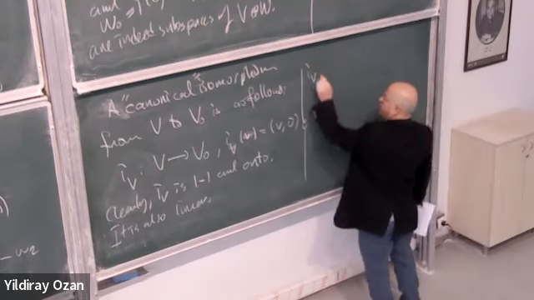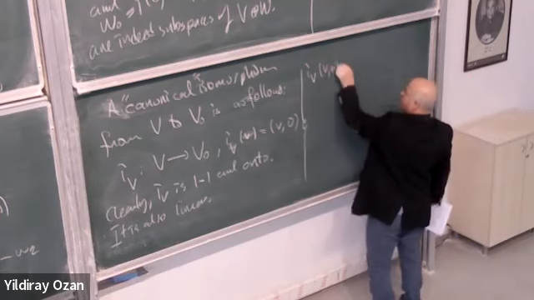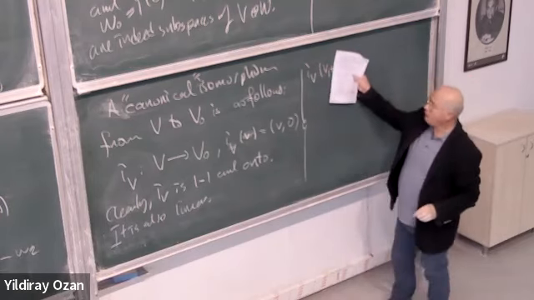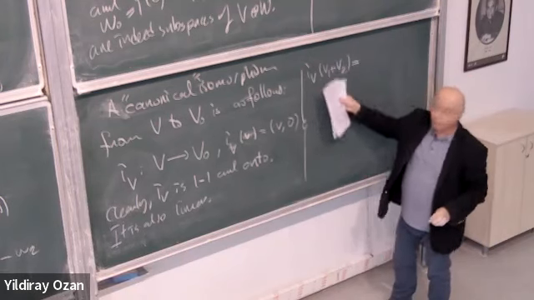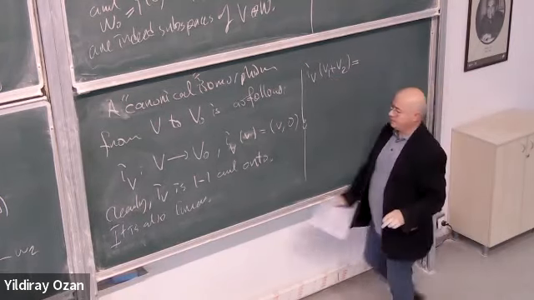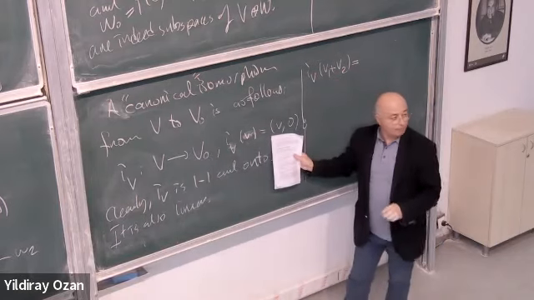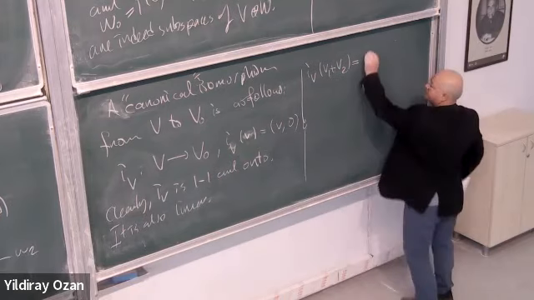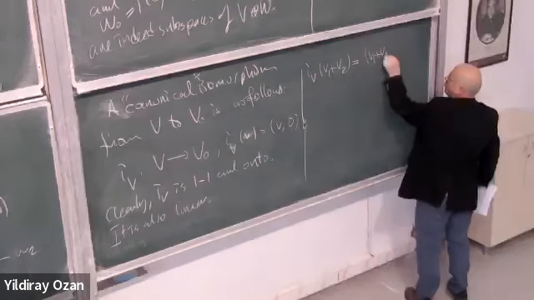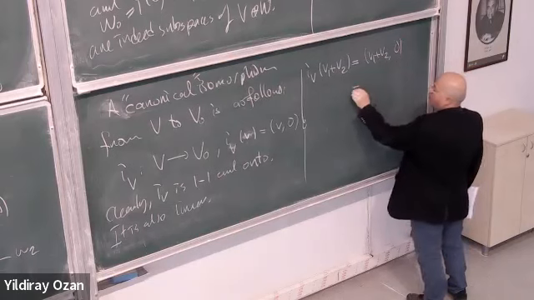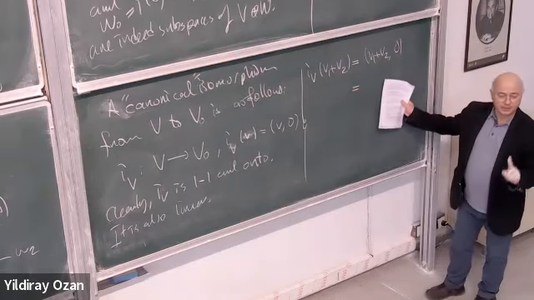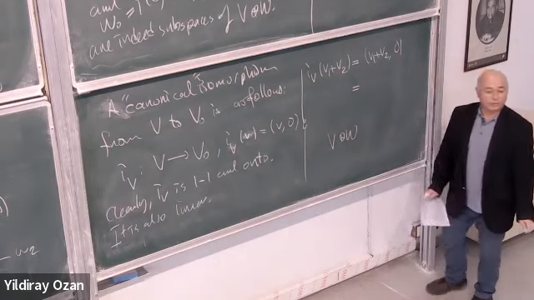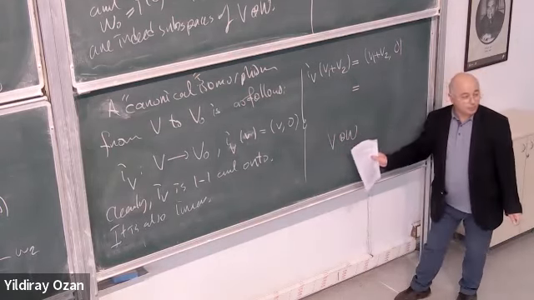So, we have to prove two things. i_V(v1 + v2) should be i_V(v1) + i_V(v2). But what is the image of this? This is the definition of the map. It sends an element v to (v, 0). So this maps to (v1 + v2, 0). Now I am in this space. What is the addition operation here?